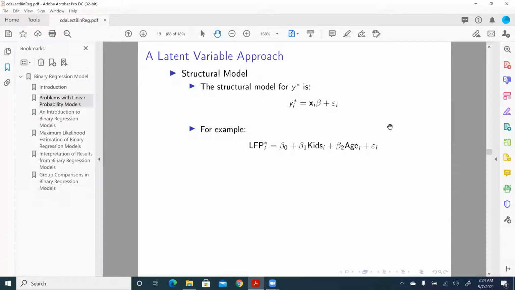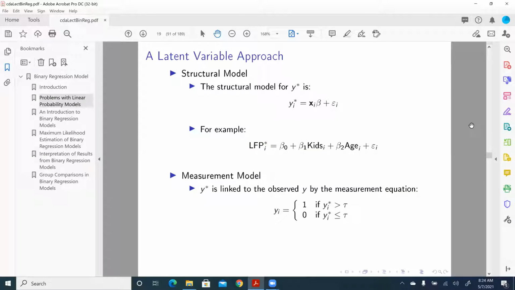So it could be labor force participation, and here we replace this y star with labor force participation star. They refer to the same thing in this case. And, you know, intercept, number of kids and age, plus an error term.